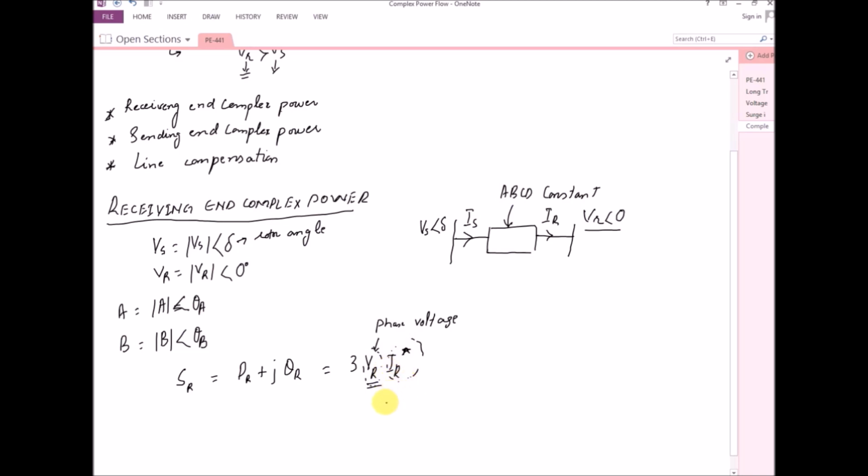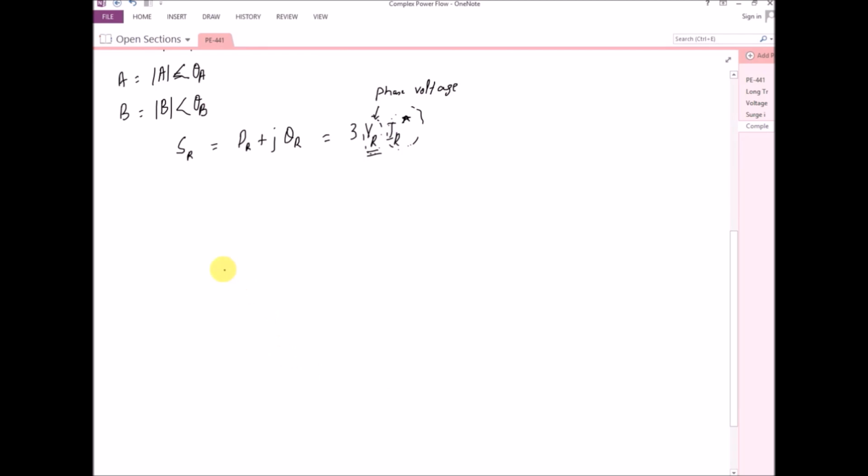If I have to calculate the receiving end current, I will use the generic equation for the sending end voltage and the sending end current. The sending end voltage is equal to constant A multiplied by the receiving end voltage plus constant B multiplied by the receiving end current.